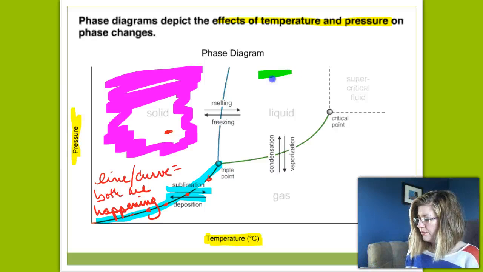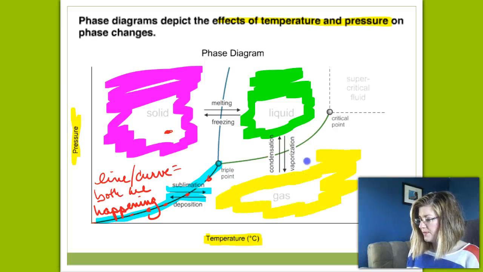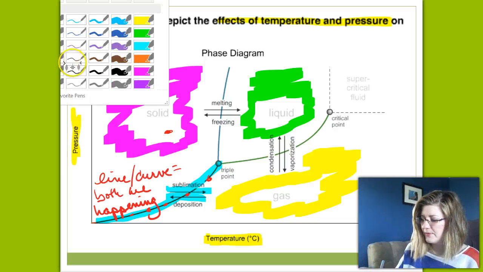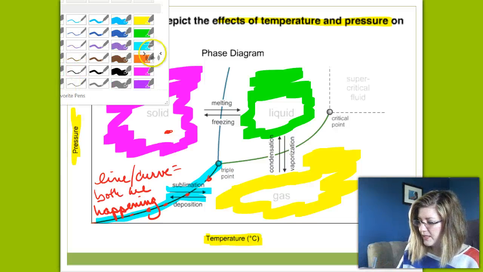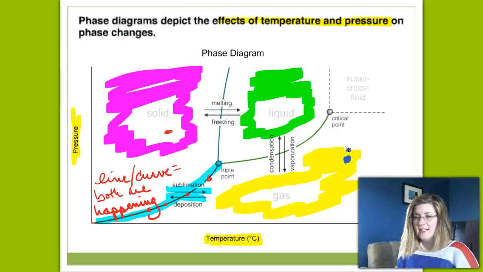This whole area over here depicts some substance as a liquid, and then this whole area over here depicts some substance as a gas. And when I say some area, I'm probably skipping through a lot here. What I do mean is that we can pick a point maybe here, and at that point, our substance is a gas. Now, what do you mean, what that point, Mrs. Grosses?